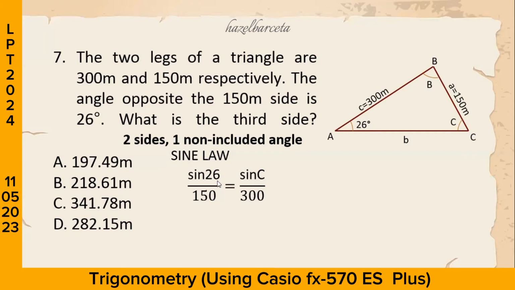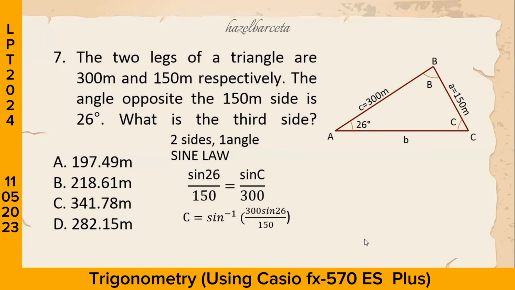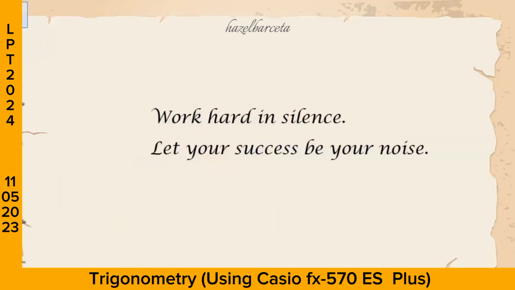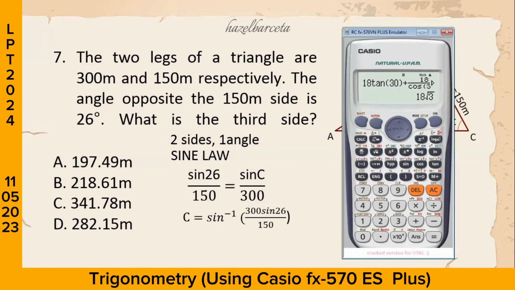So, applying sine 26 over 150 is equal to sine C over 300. C is equal to, so let's solve. Given is degree, so degree po ulit. Arc sine of 300 sine 26 over 150.